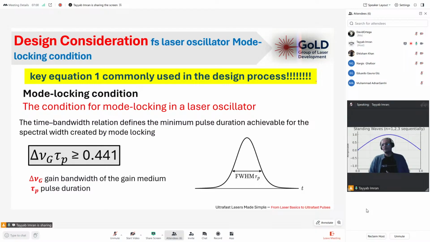There are two, three key equations which we need to apply if we want to design an oscillator. So here, the first equation is the mode locking condition.